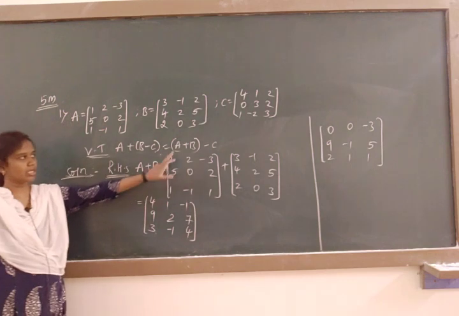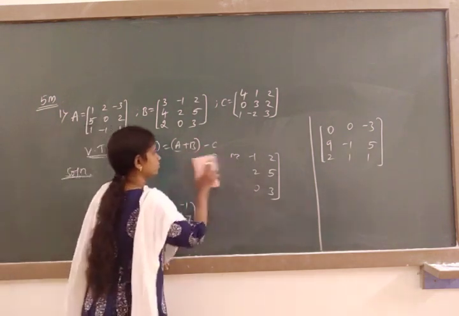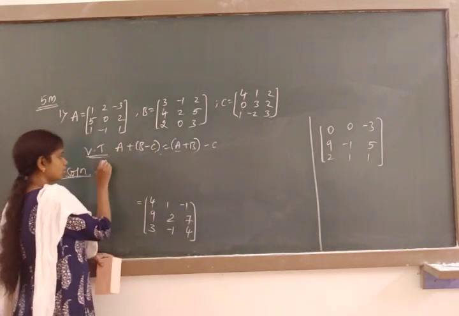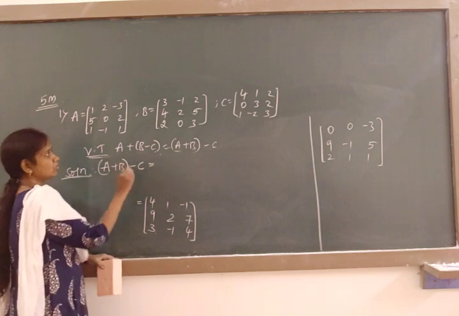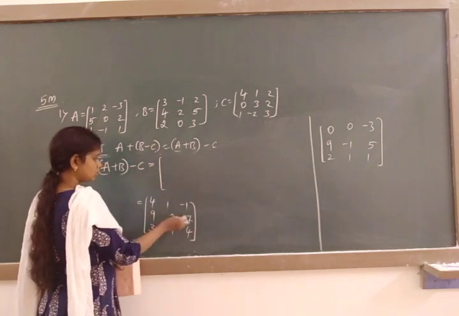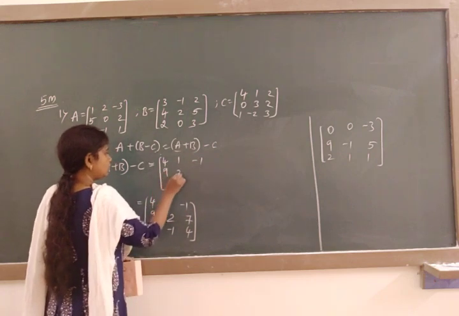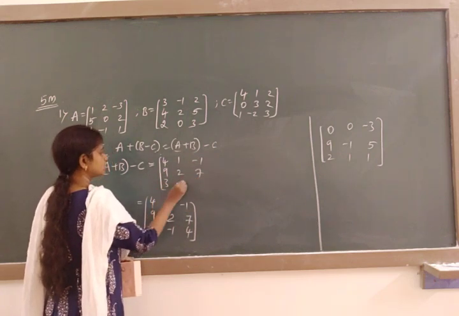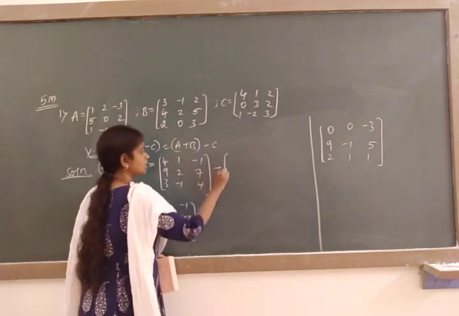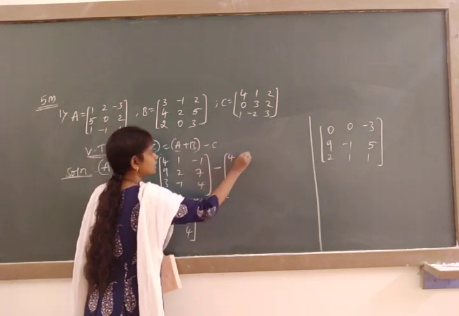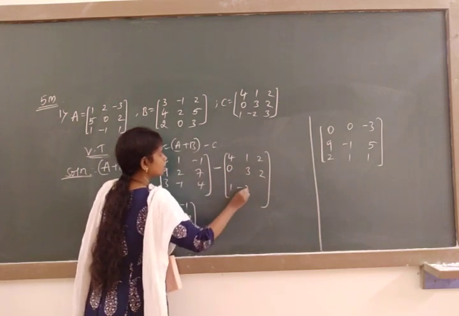But what is our question? A plus B of minus C. A plus B of minus C is equal to, what is A plus B? You just write here, it was [4, 1, -1; 9, 2, 7; 3, -1, 4]. Here the operation was minus, take minus. C is already present in the question: [4, 1, 2; 0, 3, 2; 1, -2, 3].